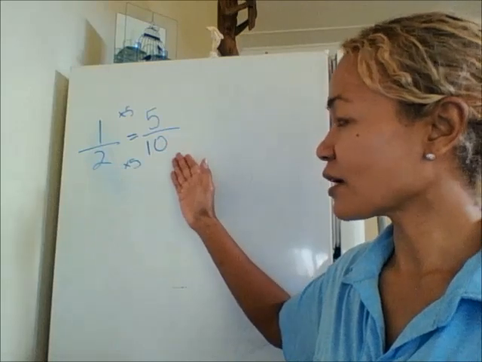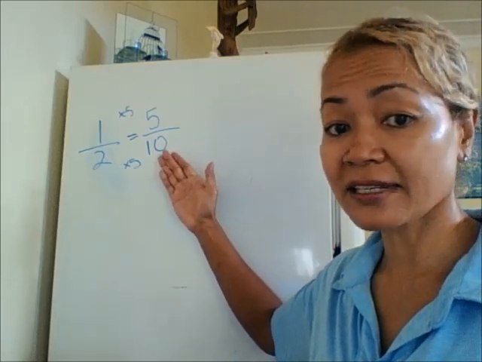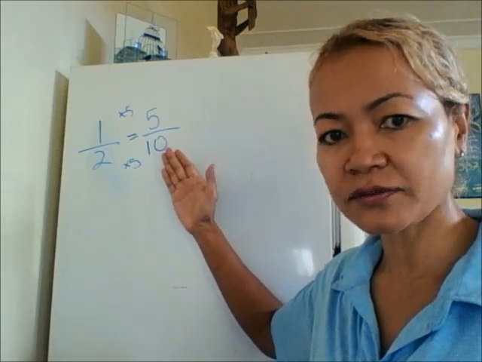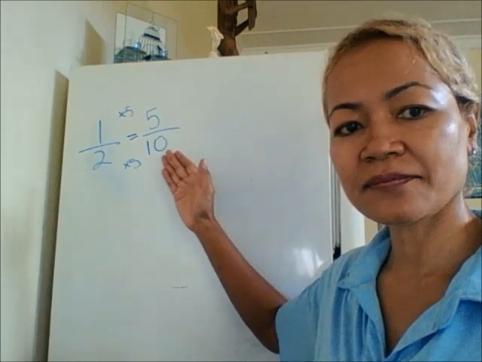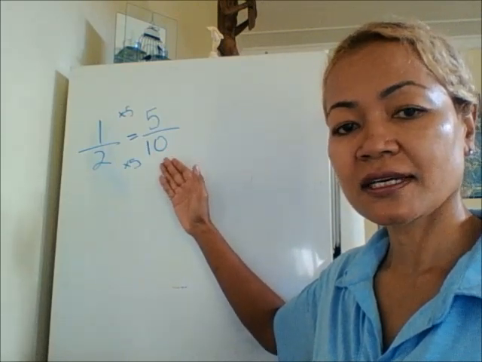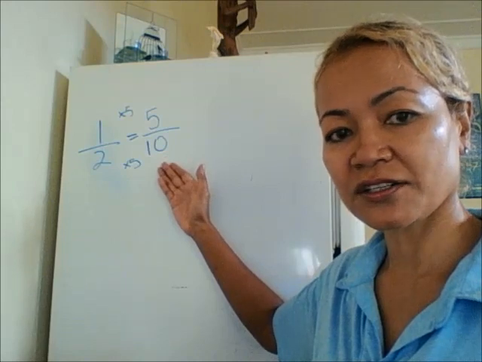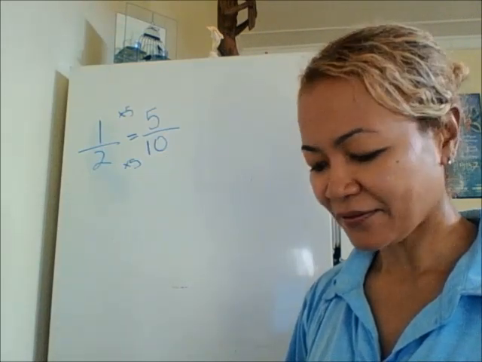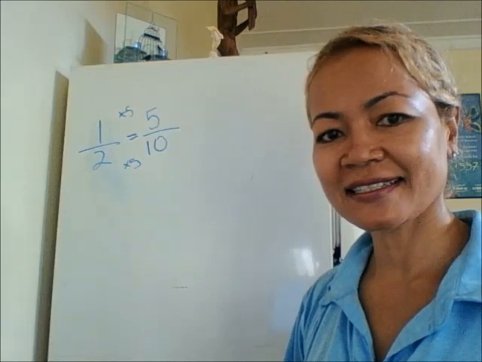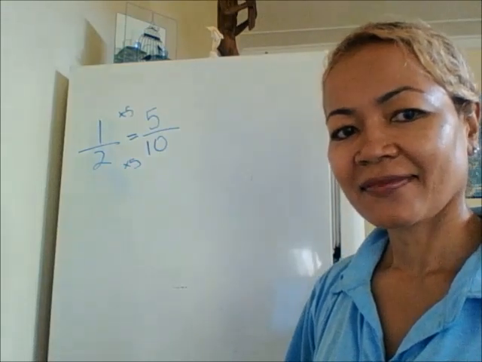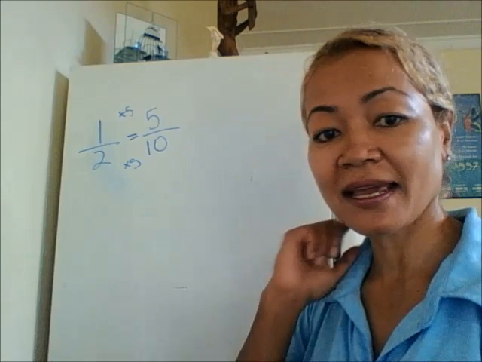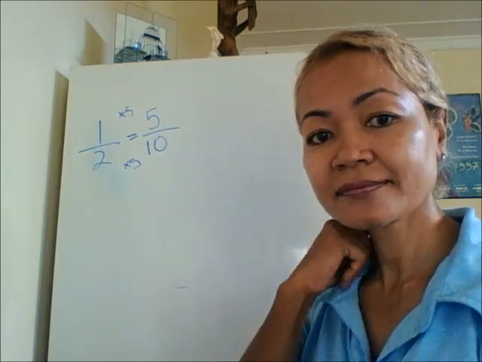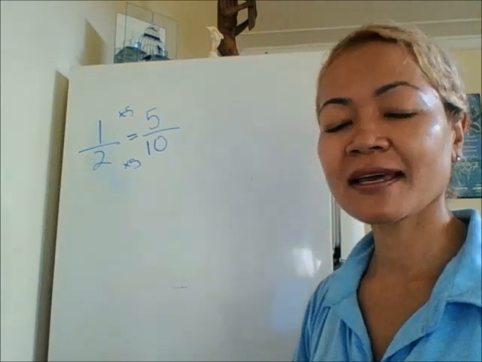Now that you've got a fraction with a denominator of 10, or a multiple of 10, it's easier to convert this fraction into a decimal. And all it is then, 5 out of 10, is the 10 parts that make up the 1. You only got 5 of them.